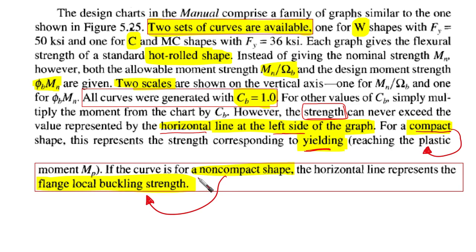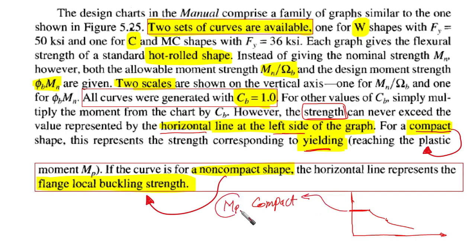And if the curve is for a non-compact shape, the horizontal line represents the flange local buckling strength. As I said, I'm going to show you, this is the curve that we usually have. Horizontal line for compact shapes, if we're talking about compact, the horizontal line means Mp, right? Plastic moment.